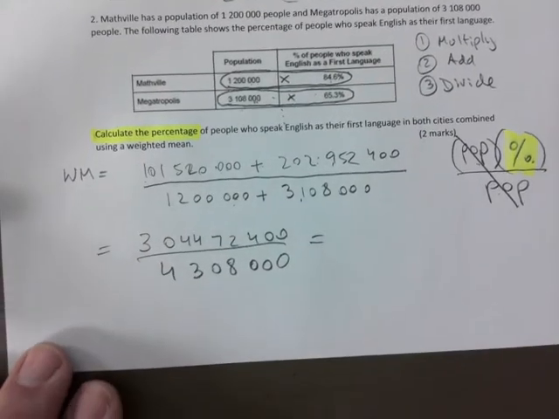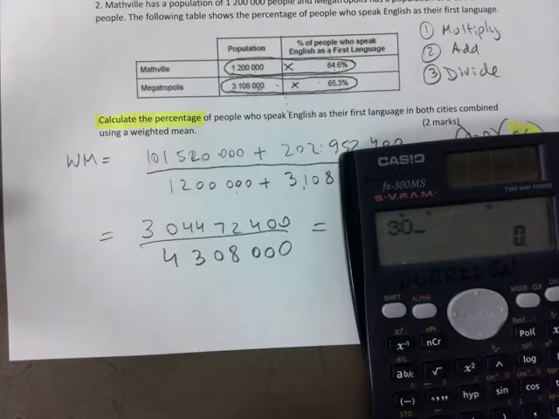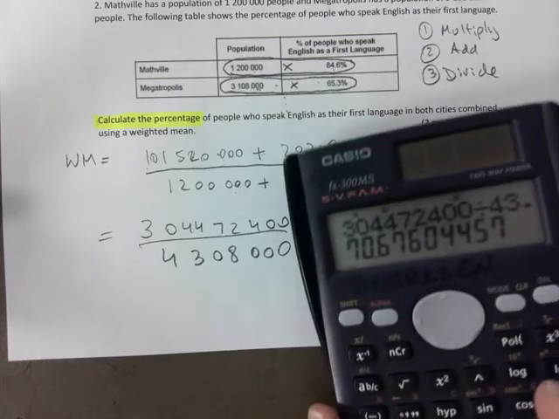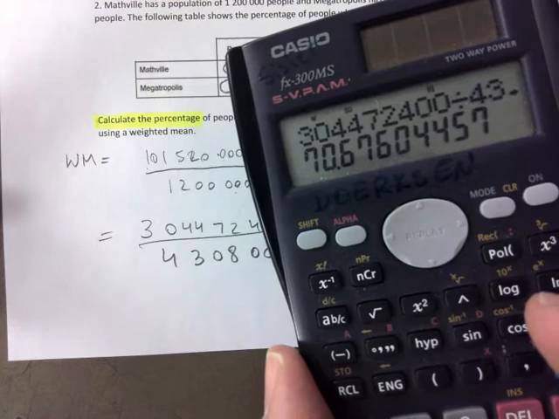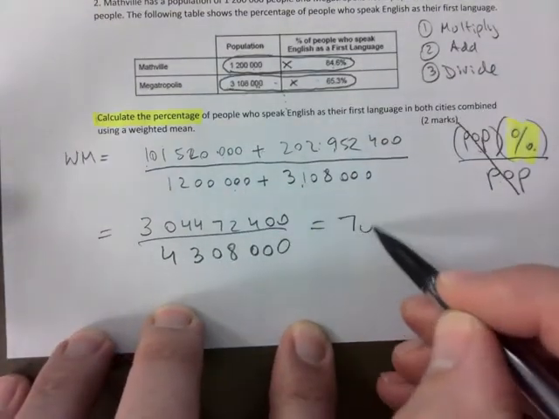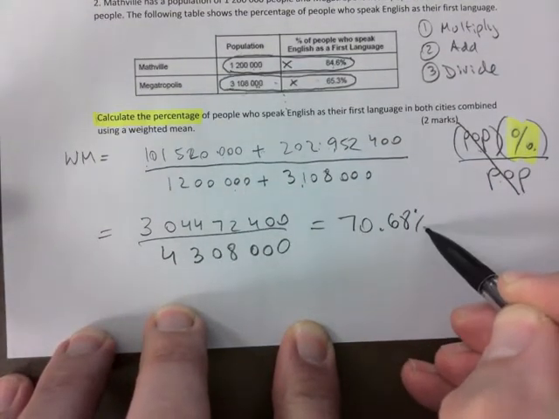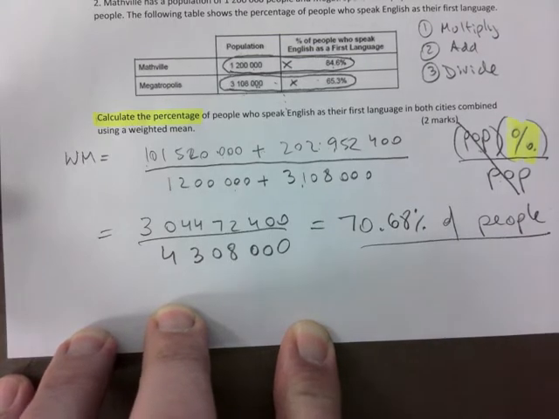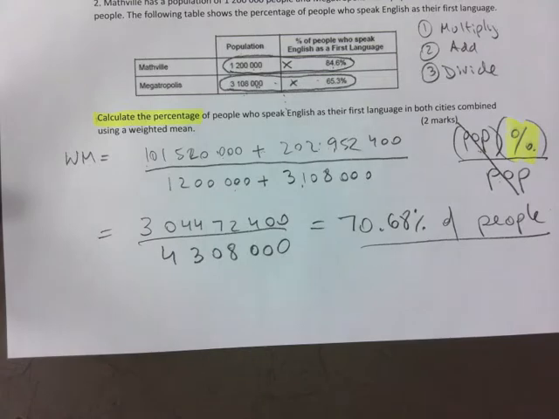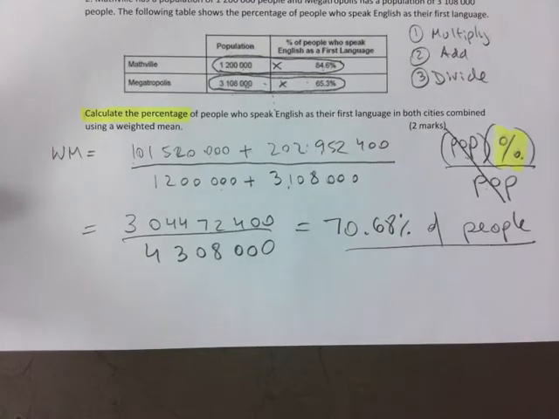And so when you divide those two, you get this, 70.68. We round to 70.68%. 70.68% of people speak English as their first language based on the data that we were given.